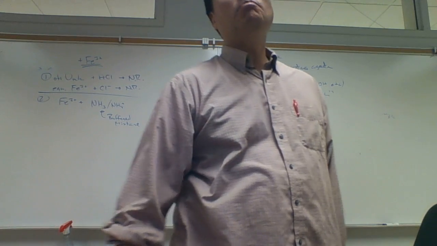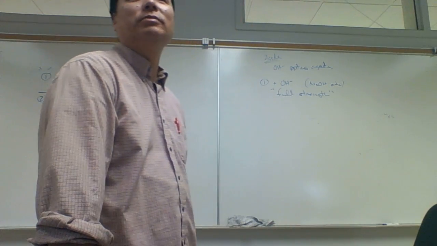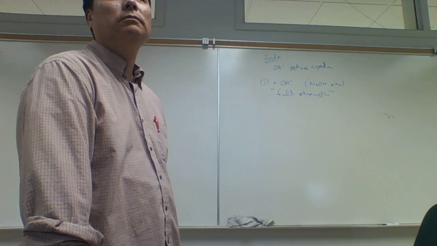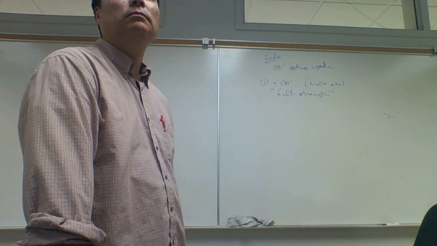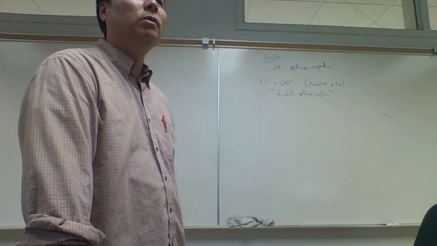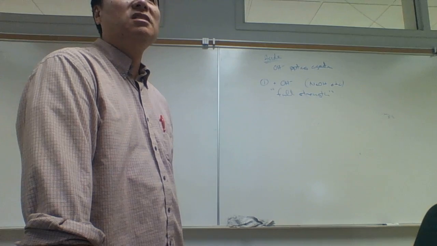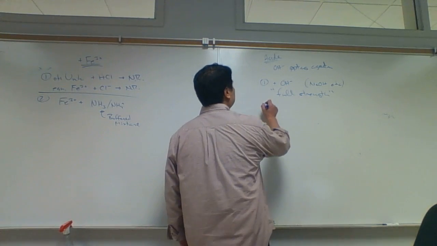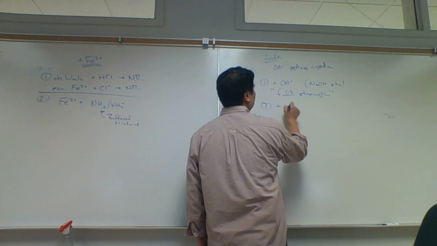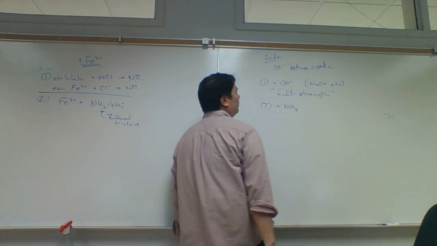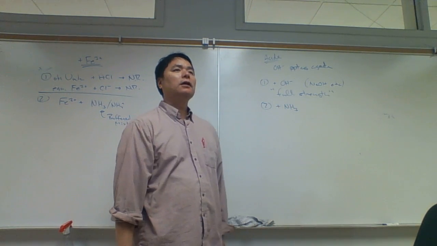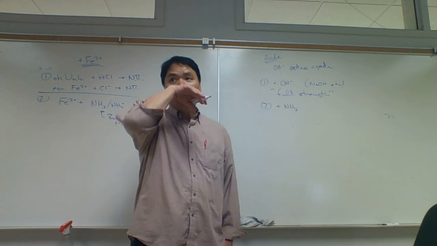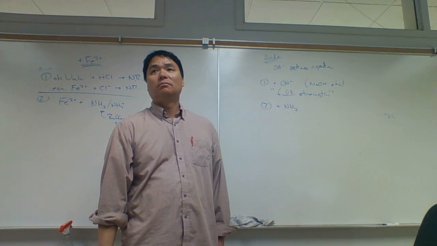So if you had 1 molar sodium hydroxide, how much hydroxide would you have? One molar, right? That's a strong electrolyte. If I had 1 molar ammonia, am I going to get 1 molar hydroxide?